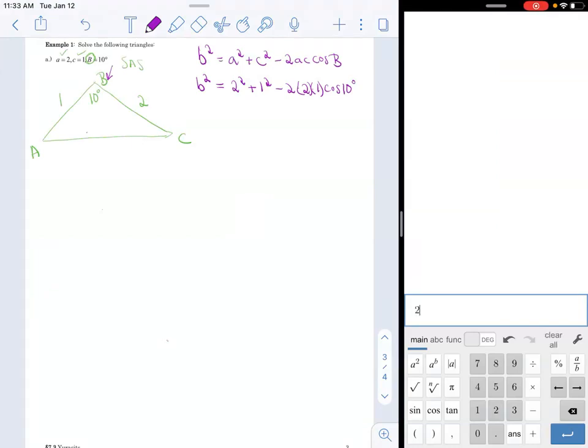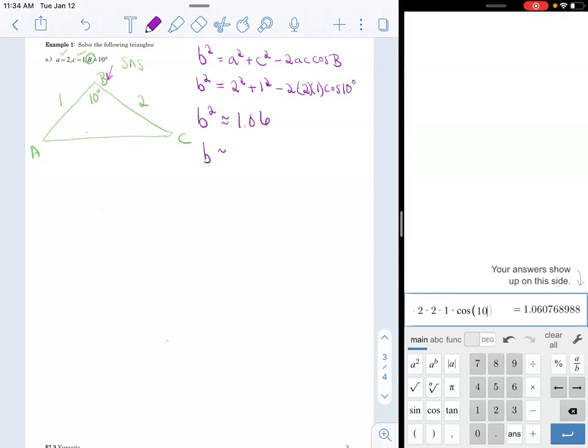So I do 2 squared plus 1 squared minus 2 times 1 times cosine 10, and make sure you're in degrees. So I get B squared is approximately 1.06.